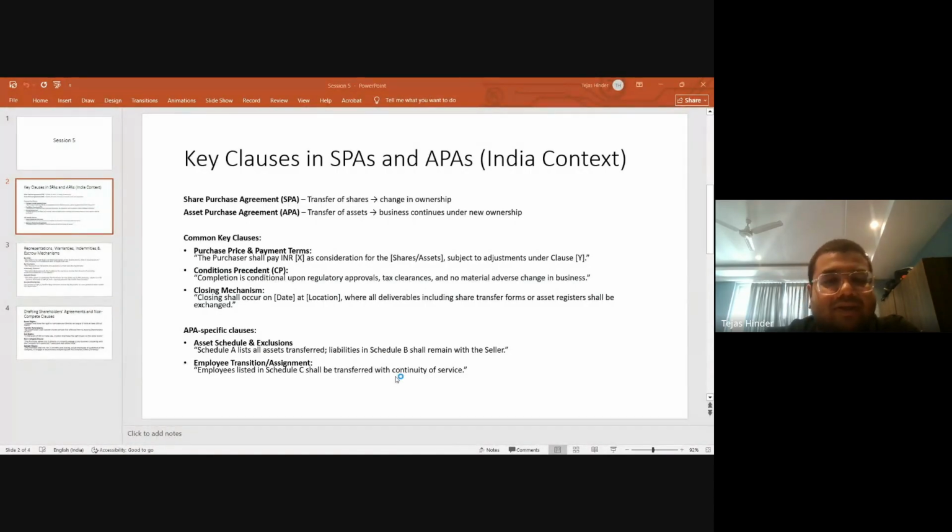And of course, certain assets, if necessitated, may be classified as service, but I've not really come across any significant ones being classified as service in practice. So your GST will apply because of the assets being goods, and you will obviously end up paying a lot more tax in the form of capital gains if you are purchasing shares as opposed to assets.